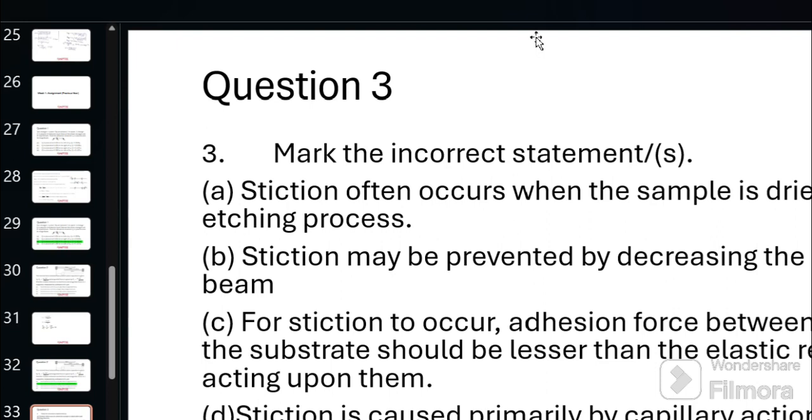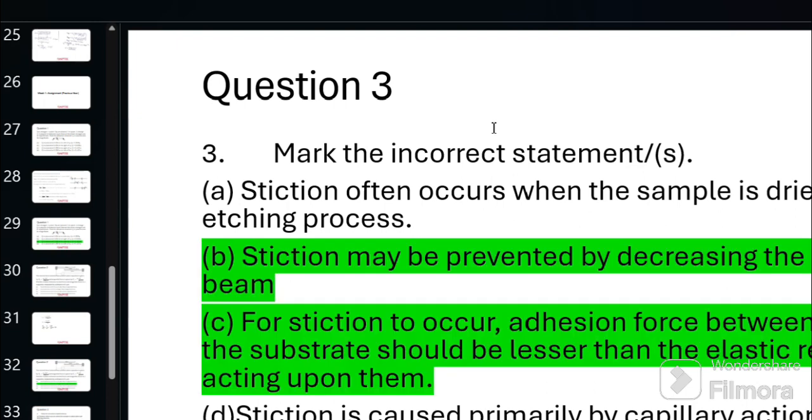If the adhesion force is lesser, the stiction will not occur. Coming to the fourth statement, stiction is primarily caused due to capillary action due to surface tension. Yes, it is true. So the incorrect statements are statement B and statement C.